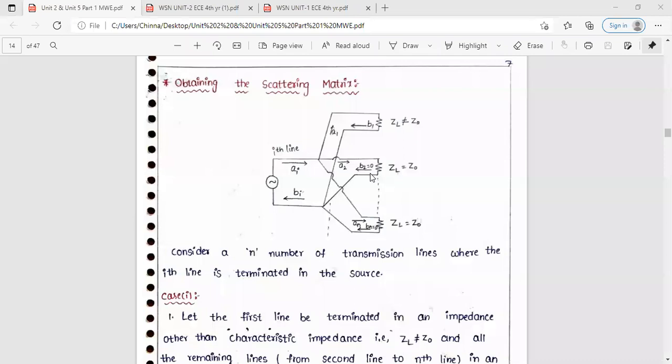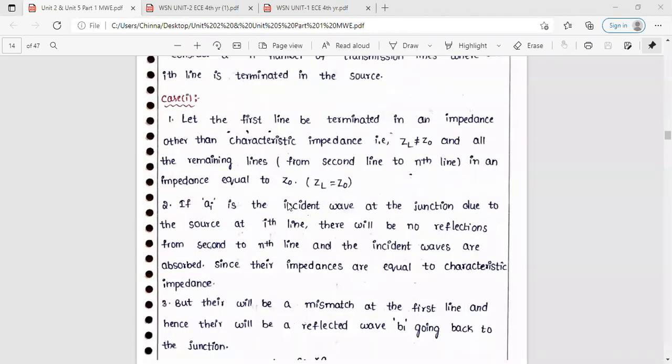So what will happen? If a_i is the incident wave at the junction due to the source at the ith line, there will be no reflections.